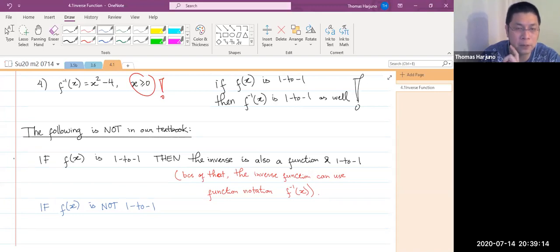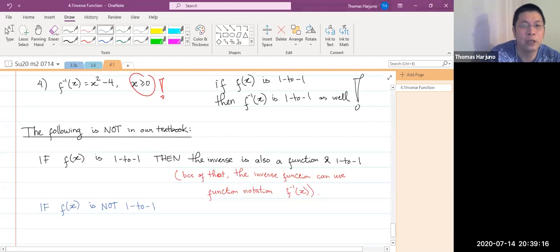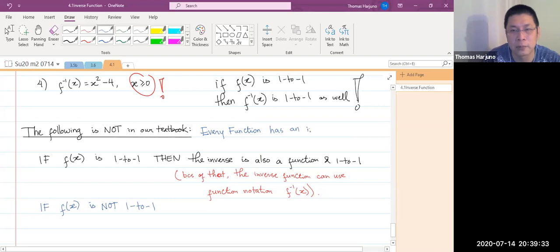Actually, every function, regardless of whether it is 1-to-1 or not, has an inverse. Every function has an inverse.